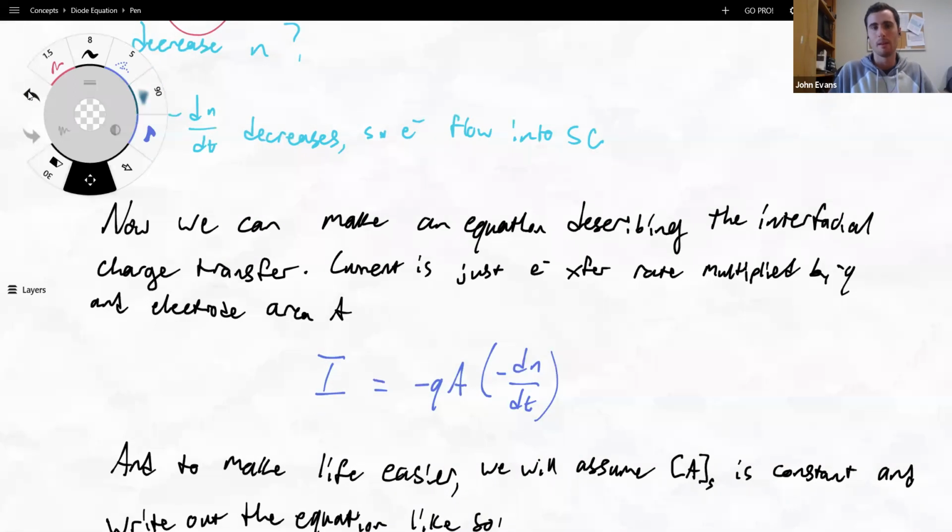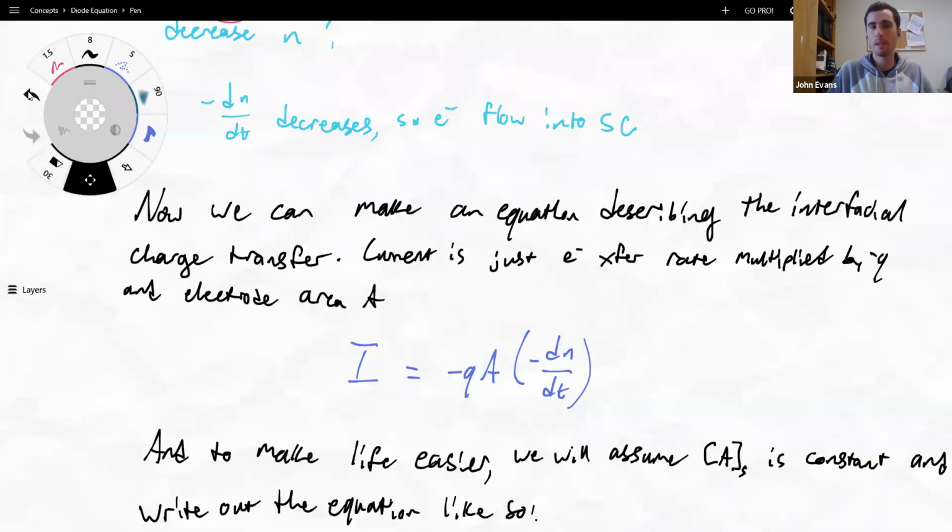Okay. All right. So now we can make an equation that describes the interfacial charge transfer, because current is just an electron transfer rate multiplied by the fundamental charge, right? So we actually get this into coulombs, and the area of the electrode. Because remember, before we have been saying that this is an electron flux, which is a number of electrons passing through this interface per unit area per second.